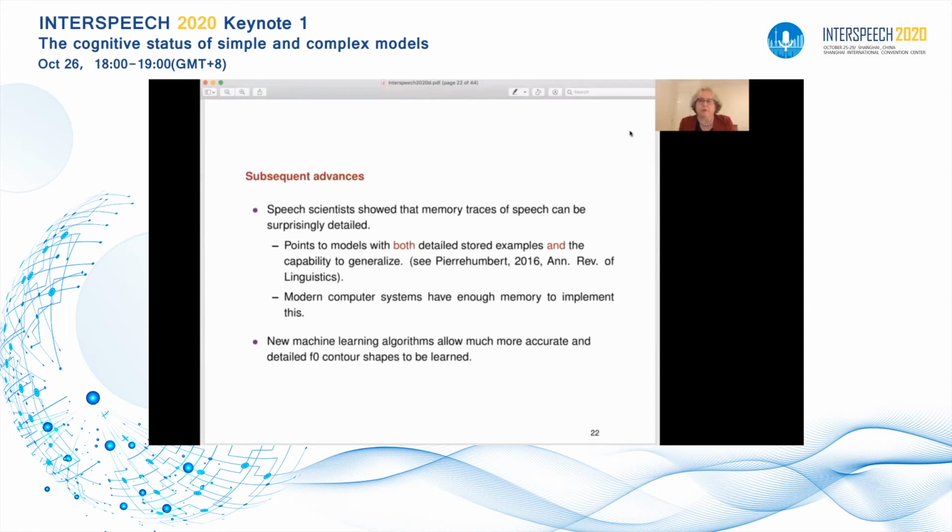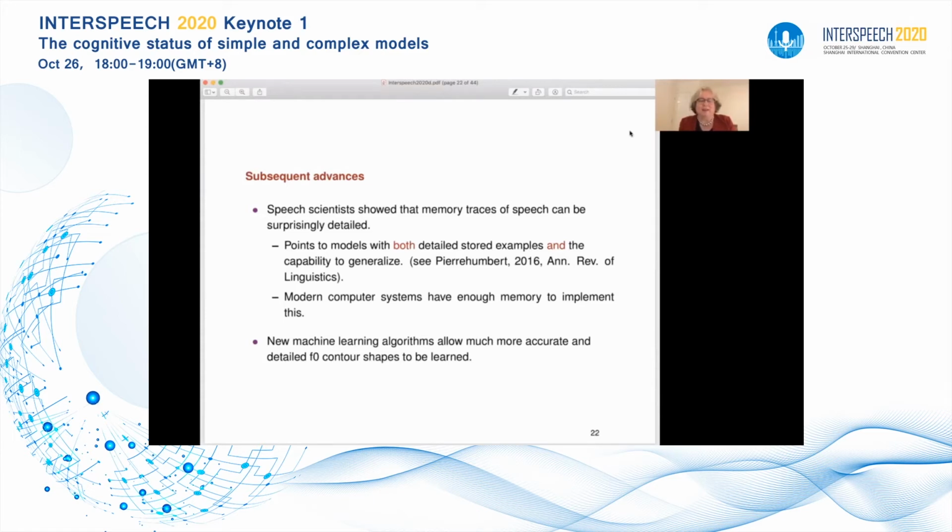So modern computer systems would be doing a lot more by table lookup and detailed representations of the known examples than was possible at that time. And another advance relates to the fact that the synthesis rules were kind of cobbled together.